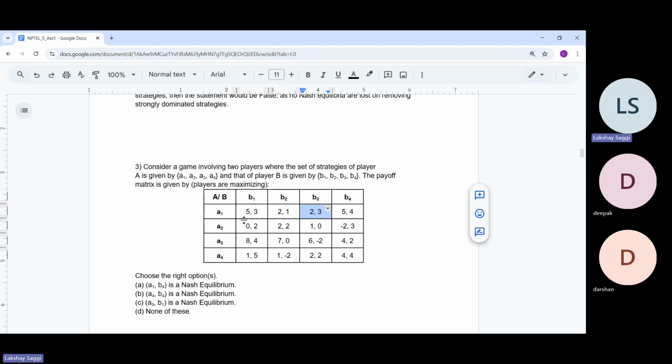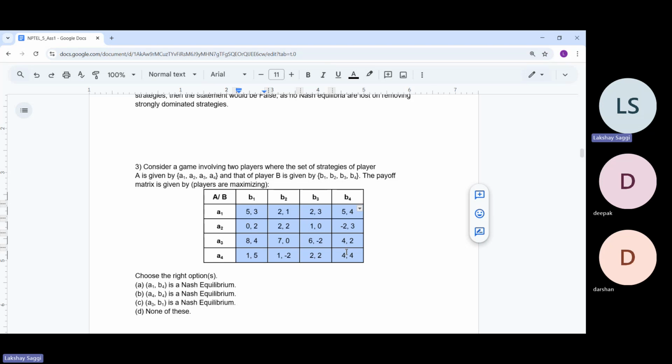Similarly, if player A plays strategy A3 and player B plays strategy B1, then the intersection of the B1 column and A3 row will be 8 comma 4. So player 1 will get 8 rupees and player B will get 4 rupees. This is what the payoff matrix denotes.